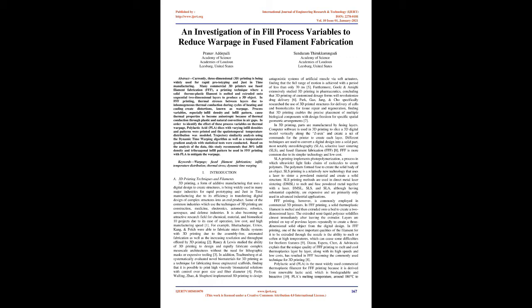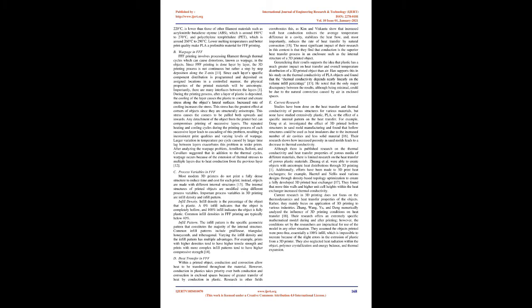SLA printing implements photopolymerization, a process in which ultraviolet light links chains of molecules to create polymers. The polymers formed fuse to create the solid body of an object. SLS printing is a relatively new technology that uses a laser to sinter a powdered material and create a solid structure.